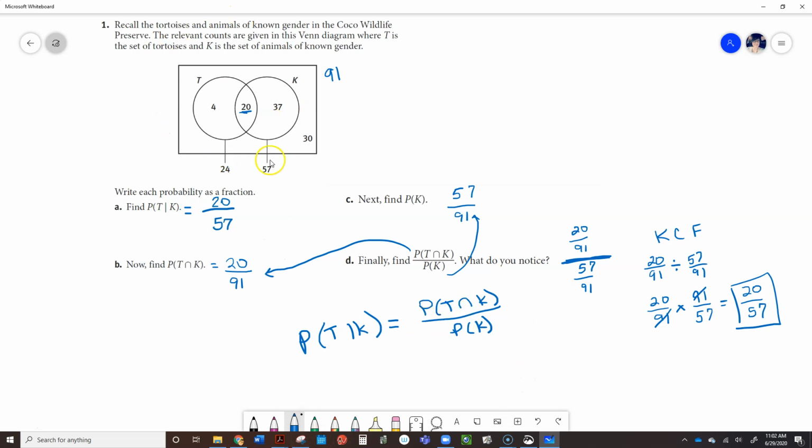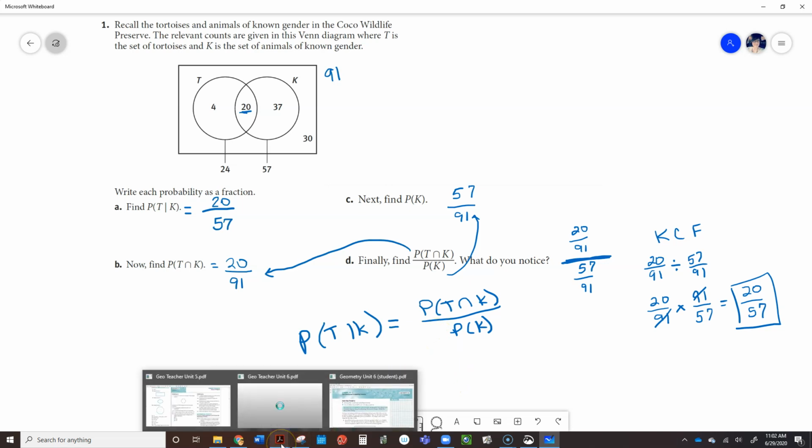Because they don't always give us our total numbers right here. They often give us just the probabilities of things happening, and this will make it easier not knowing the actual count of what's happening. So this is the formula that they were going to give you, or that they told you were going to learn.